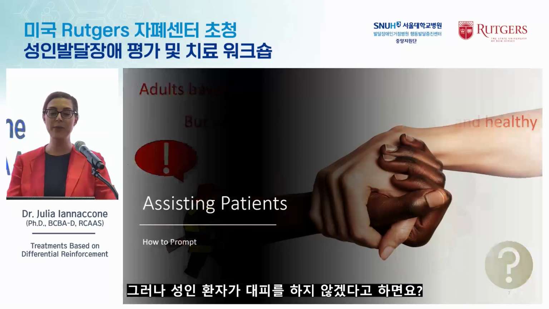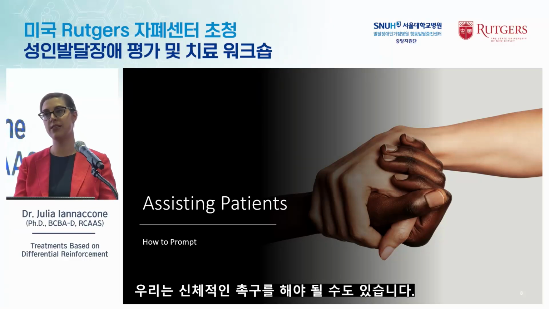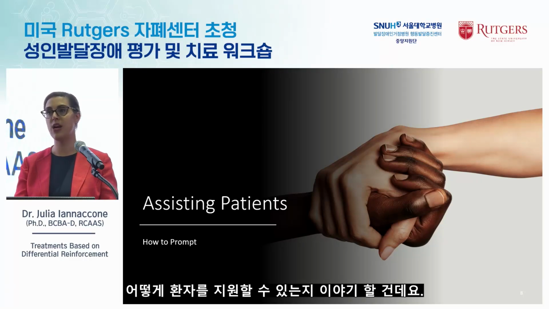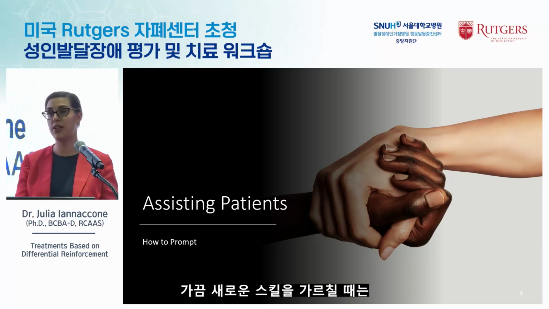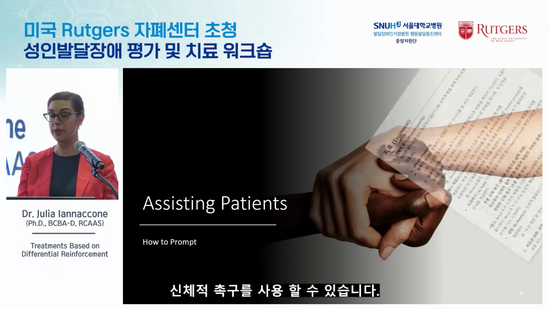What I'm gonna talk about now is how do we assist our clients, and at what point do we maybe have to use physical guidance? Sometimes physical guidance is okay, especially if we're teaching a skill. They might be totally okay with it, and it's just being used there, and it's not a power struggle. That's what I'm gonna talk about right now.